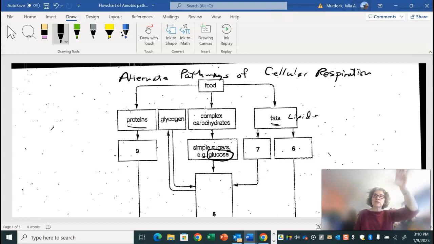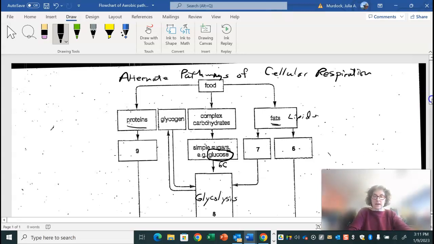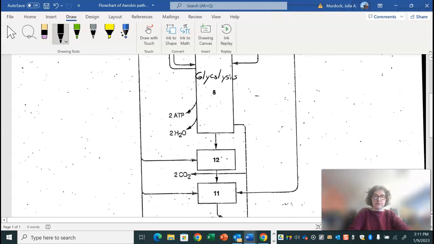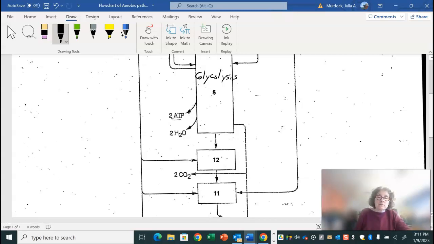Glucose, when it's going through aerobic pathways, the first thing that it does is it goes into glycolysis. So glycolysis takes that 6-carbon glucose and breaks it down and releases that minimal 2 ATP that we know about. And then this is the link reaction.